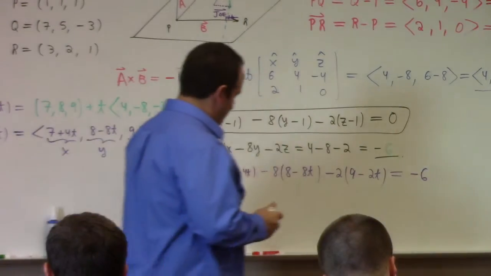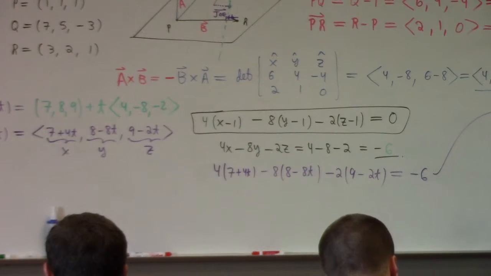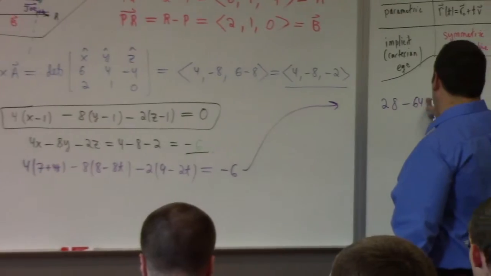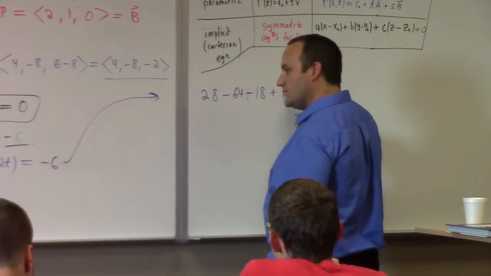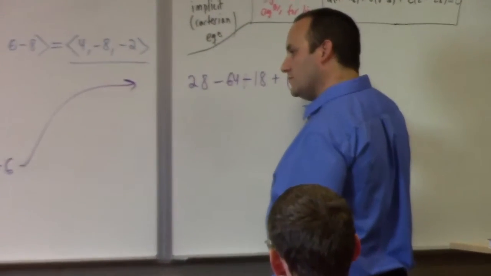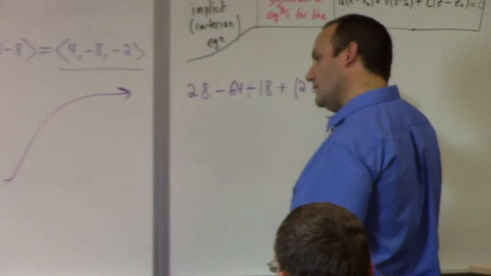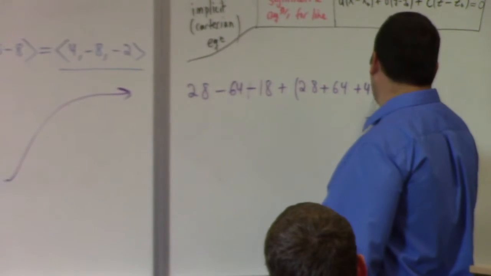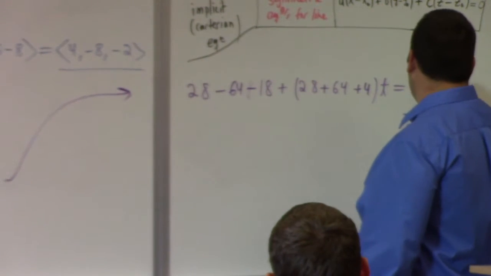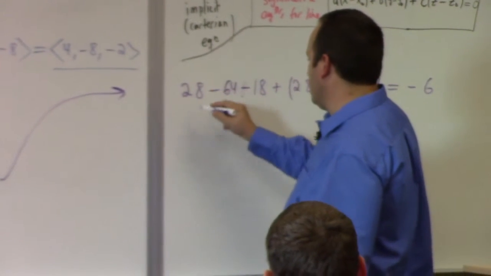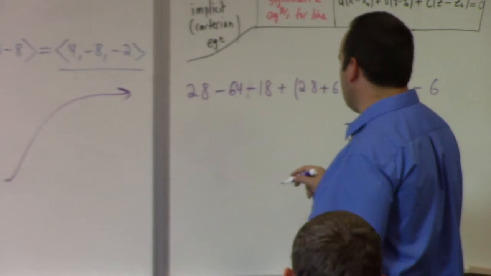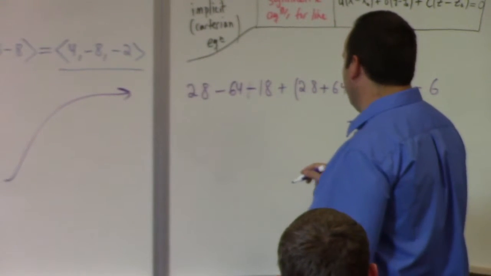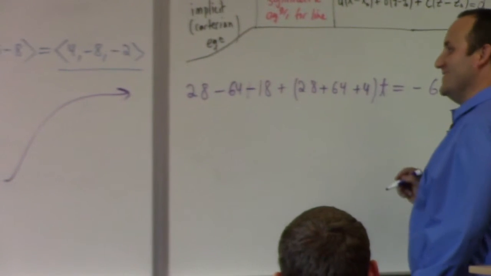All right. So, 28 minus 64 minus 18, plus parentheses 28 plus 64 plus 4, times t is equal to minus 6, which gives me 34? No, 34. I don't trust me for this. Solve this for t.